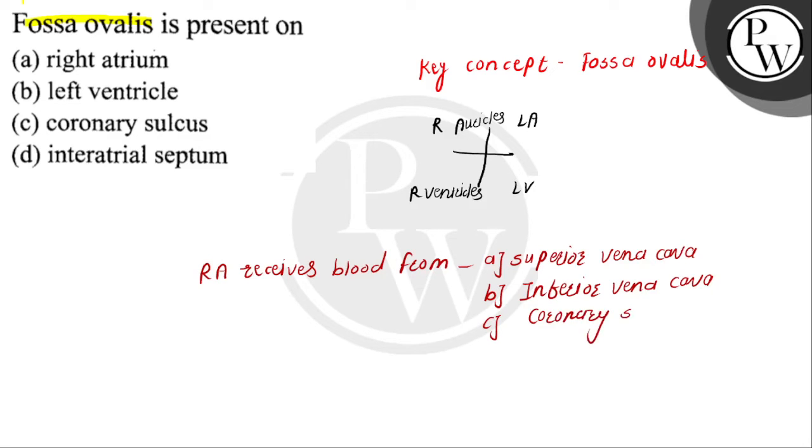So this auricle receives blood from these three parts: superior vena cava, inferior vena cava, and coronary sinus.